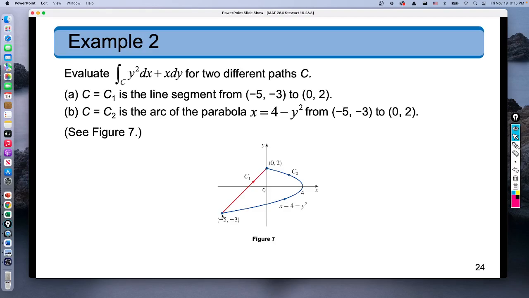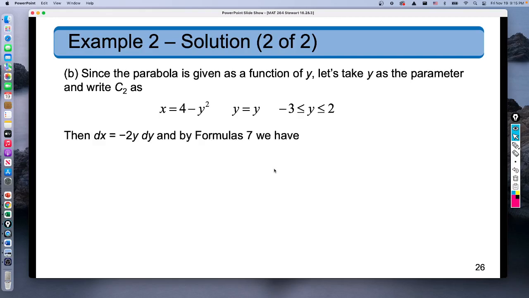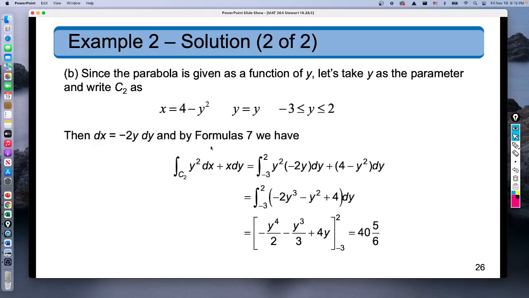And so we can think in terms of y, we're going from -3 up to 2. Okay, -3 to 2, and y is our variable. So we go through this. We integrate, and we have the same starting place, y squared dx plus x dy.